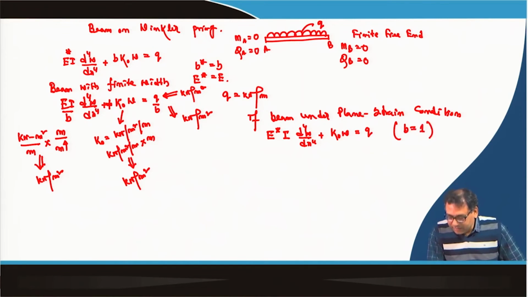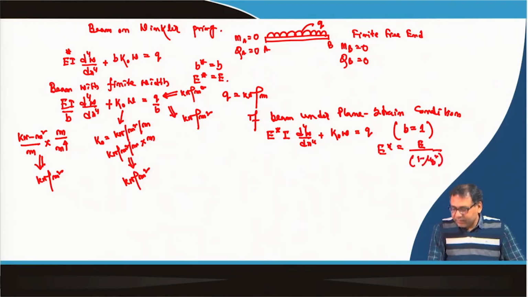Okay, because B is under plane strain condition, and E star is equal to E by 1 minus mu square. So, I will solve this equation, basically the beam under plane strain condition.